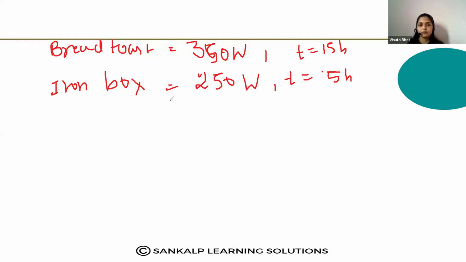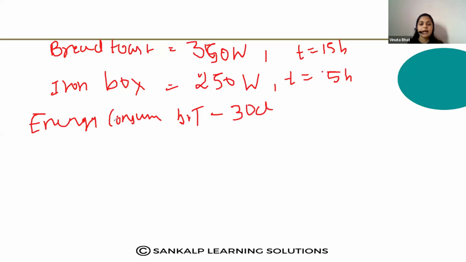Let us take the first one. The energy consumed by the bread toaster for 30 days. How do we calculate it? Power is 350 watt, and how many hours is it used? 15 hours into how many days? 30 days.